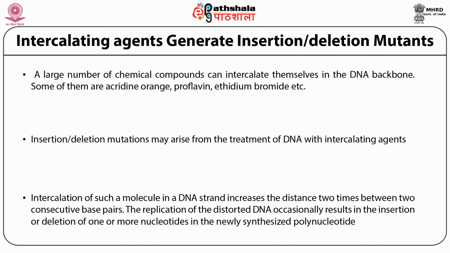The replication of the distorted DNA occasionally results in the insertion or deletion of one or more nucleotides in the newly synthesized polynucleotide. Insertions and deletions of large segments generally arise from aberrant crossover events.